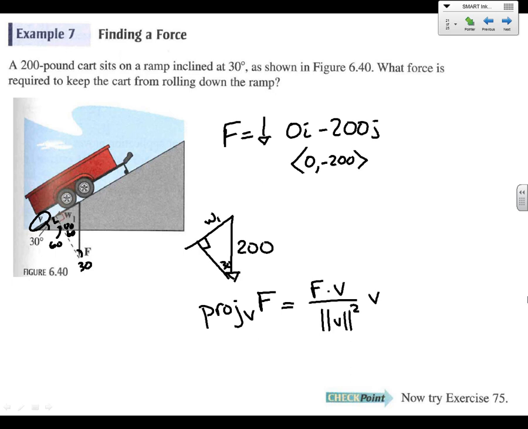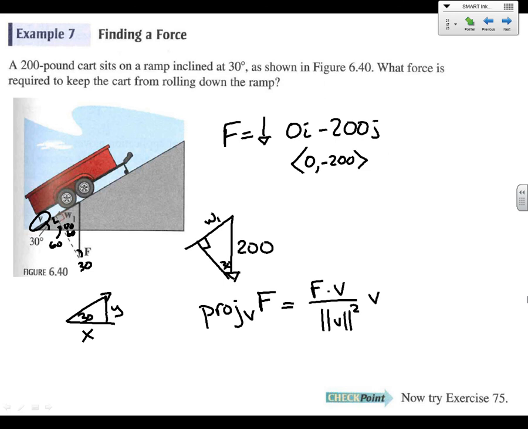Let's think about V. V is going in this direction. It's got an angle of 30. And so let's see if we can figure out what the i and the j forms are, the x and the y's here. On this one, it has a vector of 1.